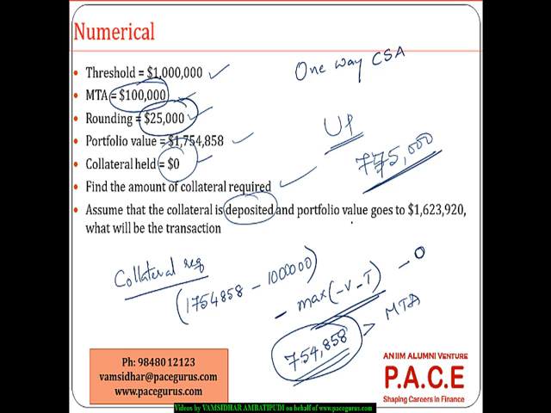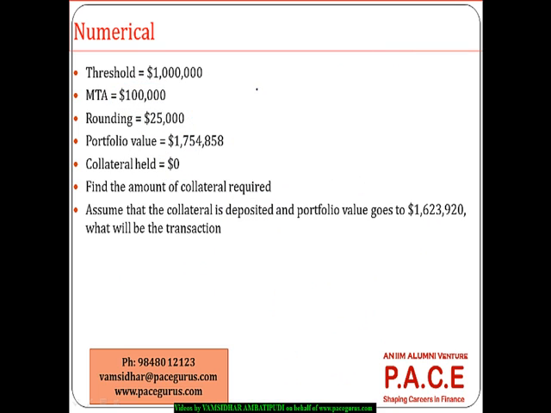Now, assume that the collateral is deposited. The counterparty has deposited the collateral, and after that the portfolio value goes to 1.623 million. What will happen now? Now look at it. Now what is the collateral now? Maximum of 1,623,920 minus the threshold 1 million. And from the counterparty's perspective, it is 0.